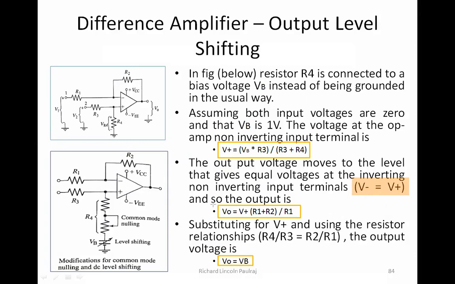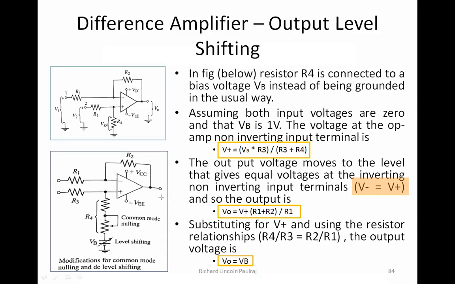The output voltage becomes V plus, whatever is the voltage at the non-inverting terminal, multiplied by R1 plus R2 divided by R1.